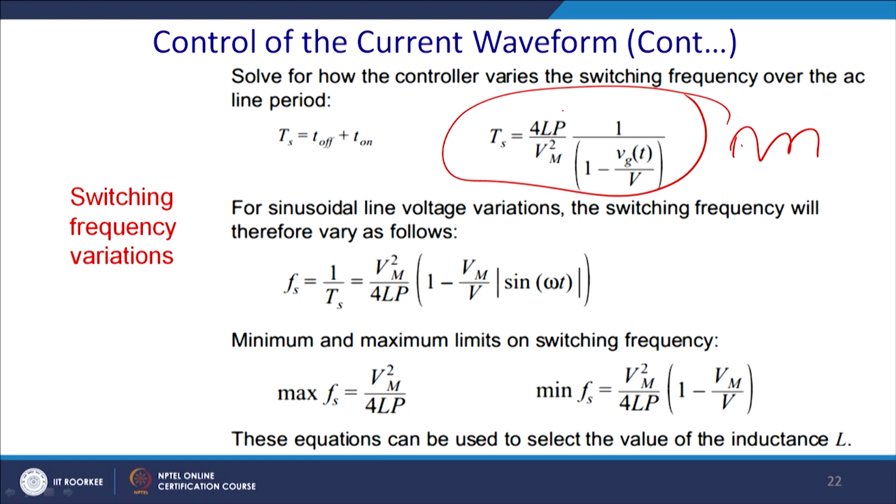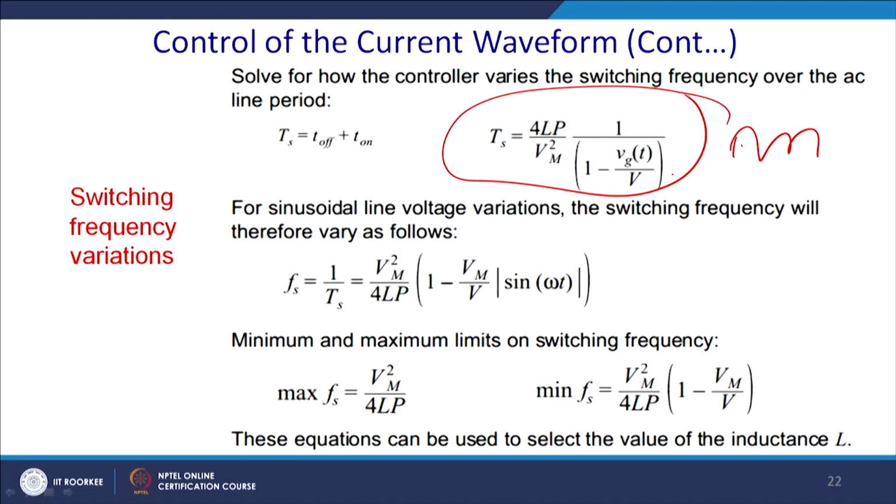Ultimately Ts will vary. You will have the maximum switching frequency when this value is close to 1, which happens at the peak. So, at the peak you will have a higher switching frequency, and at the 0 crossing you will have a lower switching frequency.